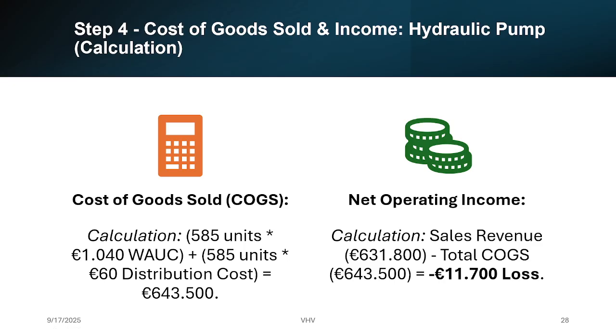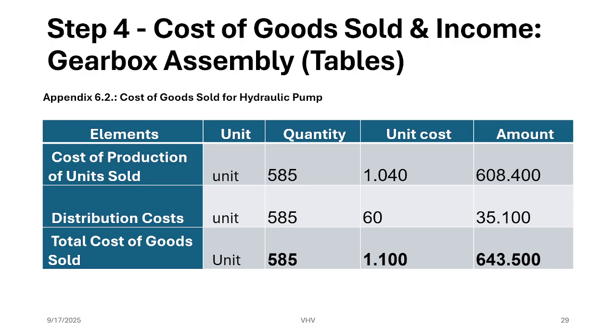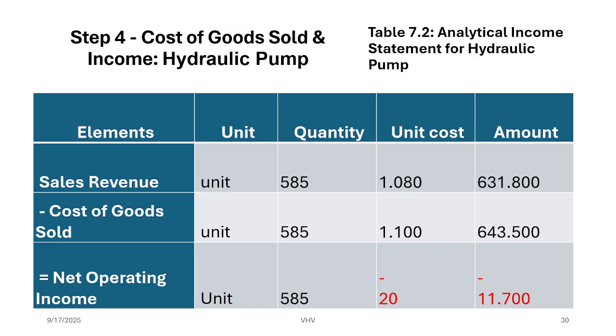Now we will look at the income statement. The sales revenue for the pump was 585 units at 1,080 each, totaling a sales revenue of 631,800.